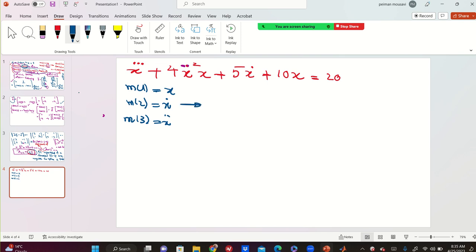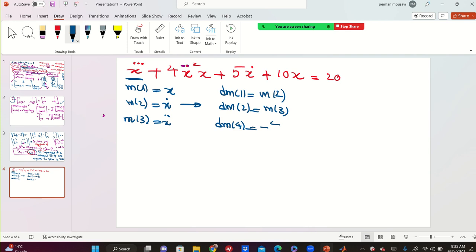So if you have the time derivative, dm1 is x dot, which is M2, dm2 is x double dot, which is M3, and dm3 is going to be x triple dot.